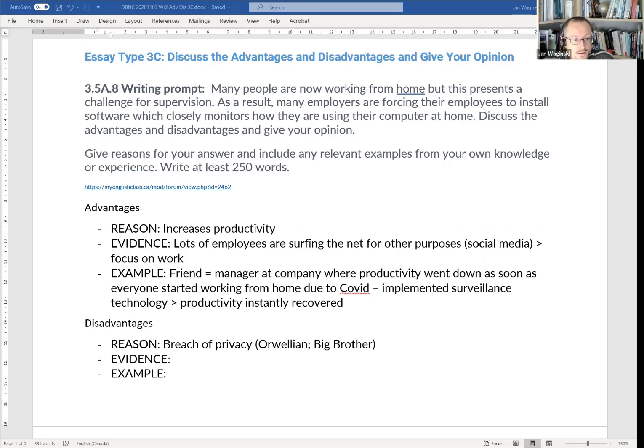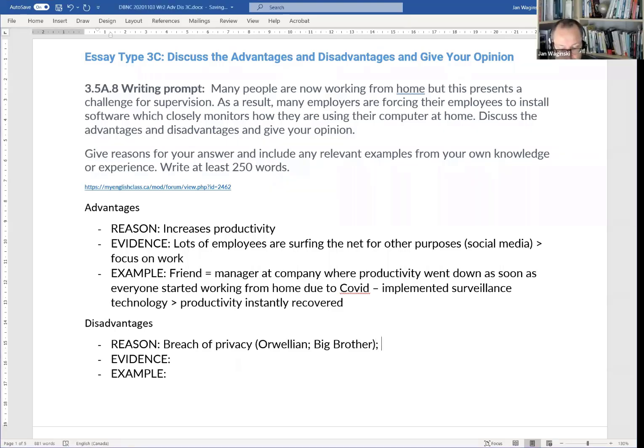Yeah. So they will leave the company. So how would that make you feel if you were constantly on camera being watched? Obviously uncomfortable, insecure. Uncomfortable.